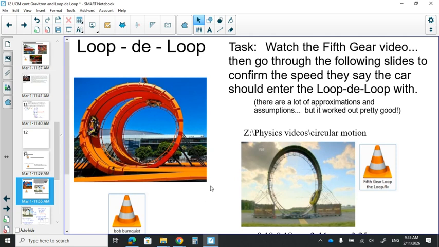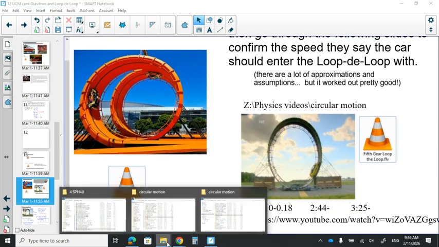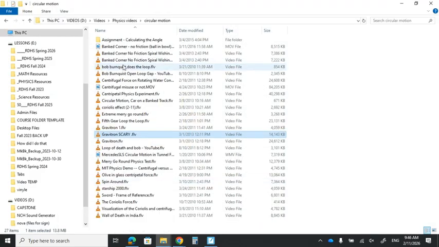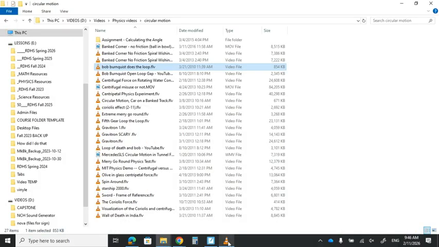All right. On to the next thing, the loop. So if you didn't know what I meant by this, you have the track where you go through a loop like that. So my first video here, we've got Bob Burnquist doing the loop. And this guy is on a skateboard, and he grinds a couple rails first.